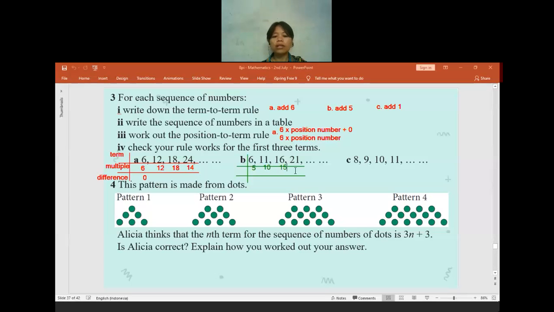So we can find the difference. How many is the difference? Yes, the difference is 1. So how do we make the position-to-term rule now that we have found the difference? All of them have a constant difference of 1. So it will be 5 times position number plus 1, correct?